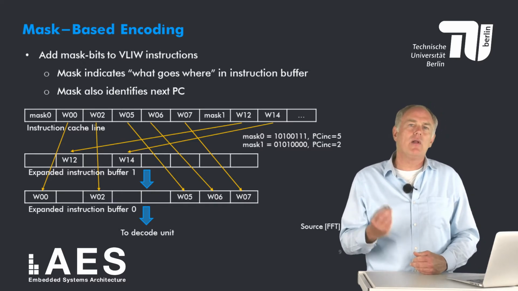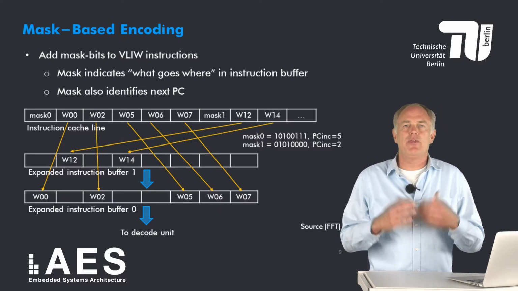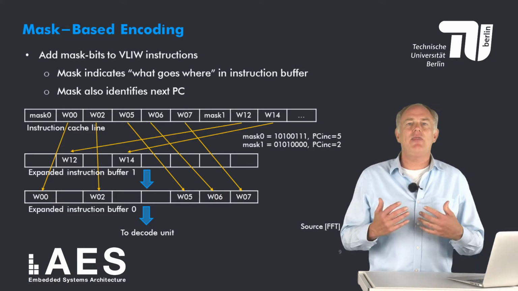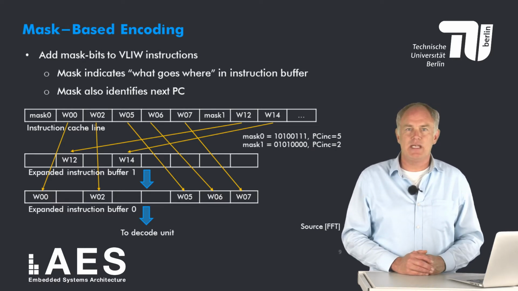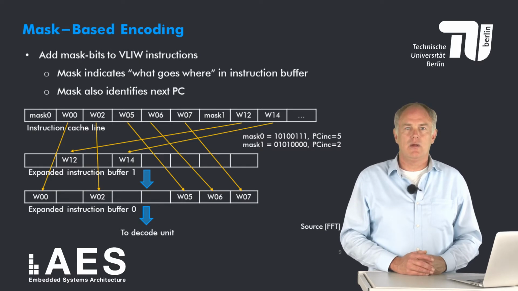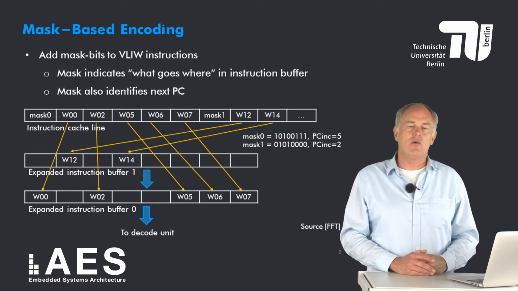In this example, the mask field contains both the dispersal information and the information to compute the next PC, expressed as number of operations. The figure shows a 2-deep instruction buffer FIFO, and the concept can easily be extended to other configurations.